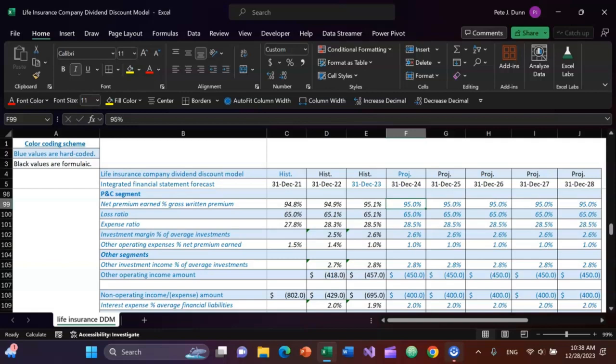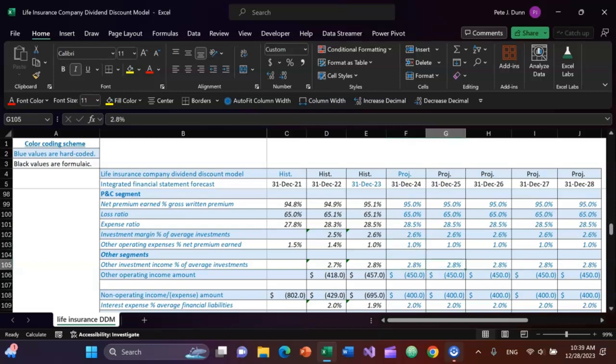Net premium earned as a percentage of the gross written premiums at 95%. I assume a loss ratio on claims of 65%. High expense ratio as well at 28.5%. There is an investment margin of 260 basis points as a percentage of average investments, and other OPEX as a percentage of net premiums earned is forecast to be 1%.